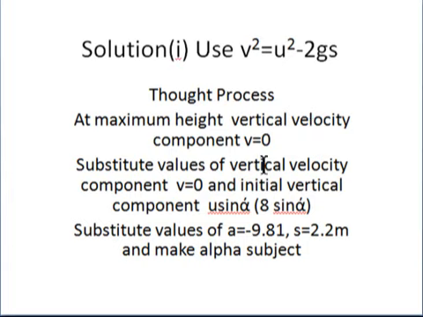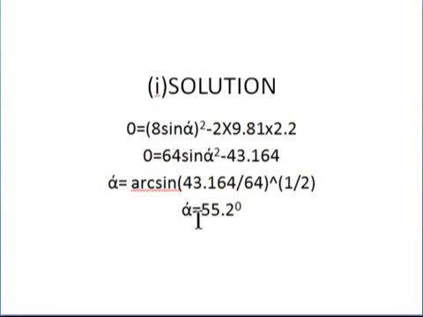We substitute values of vertical velocity component vy is equal to 0 and initial vertical component u sine alpha, and we substitute values of acceleration, which is minus 9.81, vertical displacement, which is 2.2 meters, and we make alpha the subject of the formula. So there's the equation that we used, and there's the solution. Alpha is equal to 55 degrees.